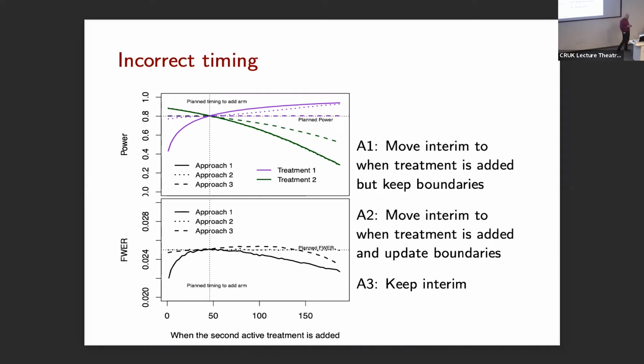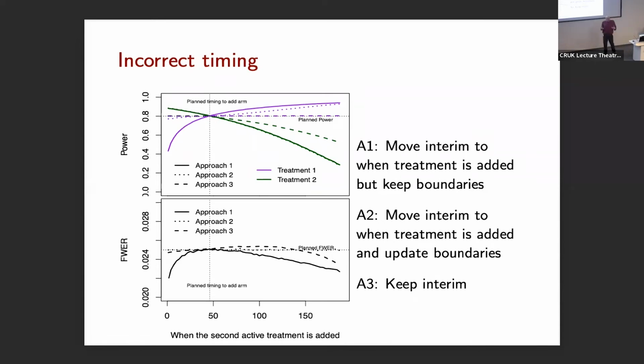So unfortunately, as soon as you have a deviation, and you can see there are 3 different approaches of what you could do when this happens, something is going to have to give, and overall your strategy isn't going to result in the operating characteristics that you were hoping for.